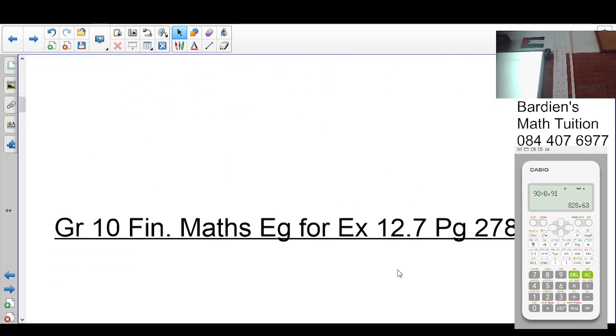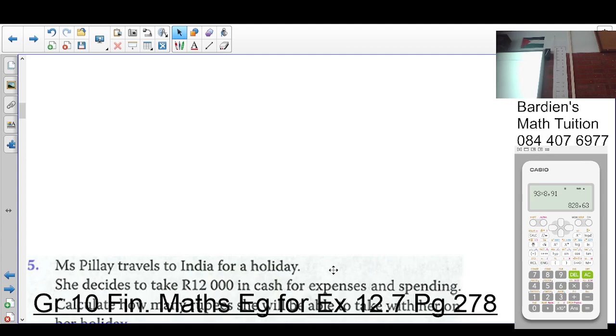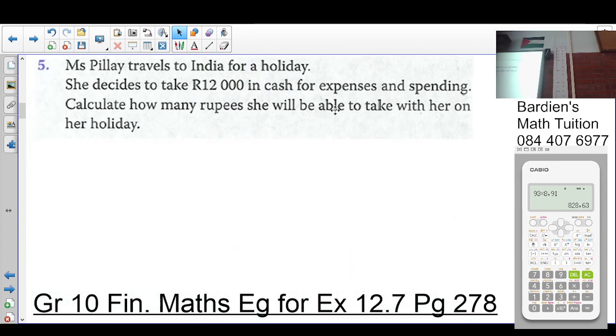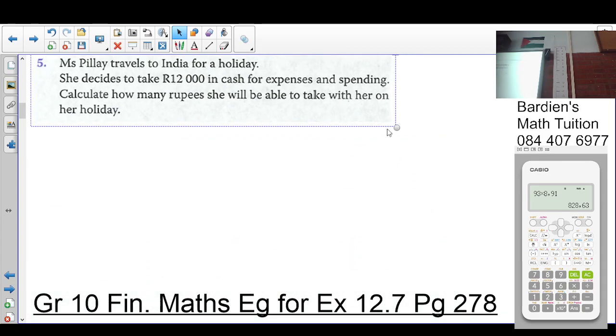Let's look at the next one. Vespill travels to India for a holiday. She decides to take 12,000 rand in cash for expenses and spend.